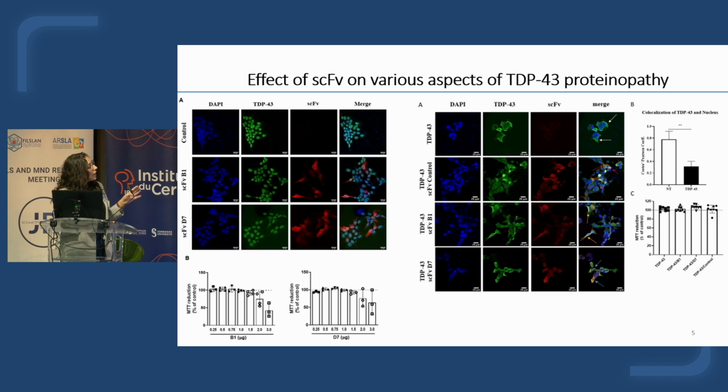On the right panel, we are looking at the HEK cells that were overexpressed with TDP43, and we find that the scFvs also co-localized with TDP43 that was mislocalized and aggregated in the cytoplasm. MTT assays were also done to look at the toxicity of both scFvs and the overexpression of TDP43 in HEK cells. However, no evidence of toxicity was found.